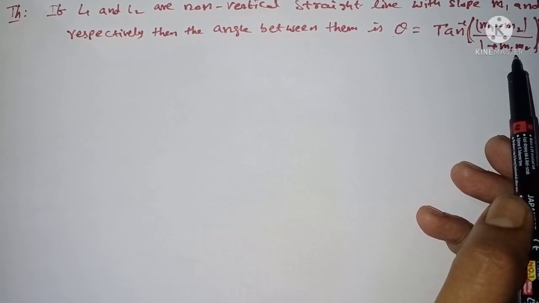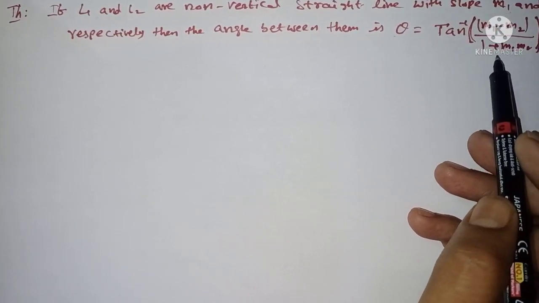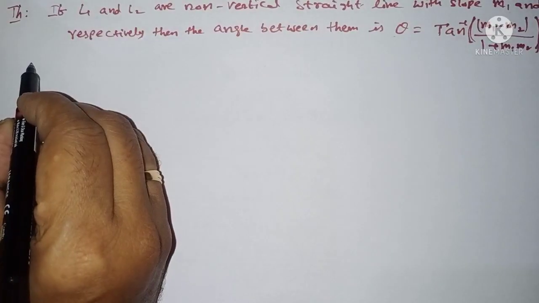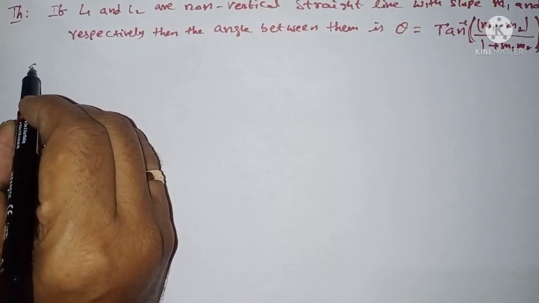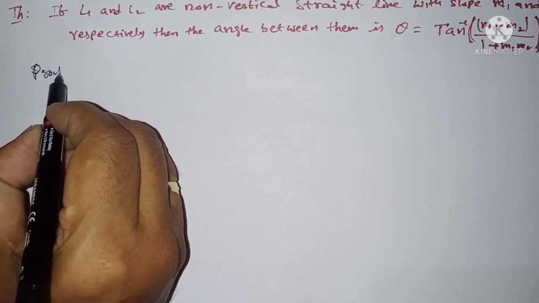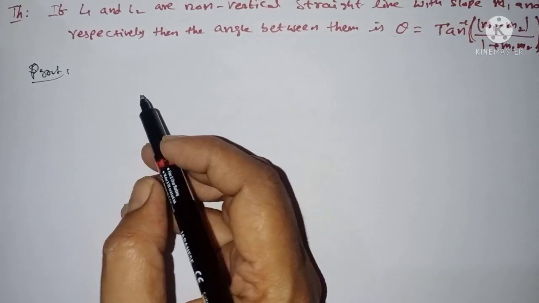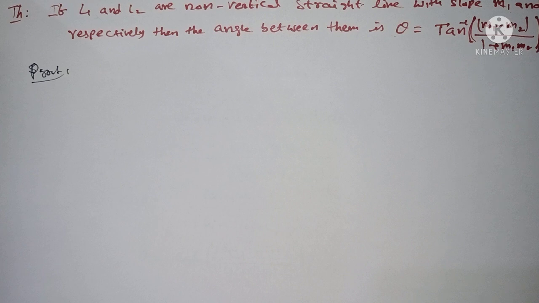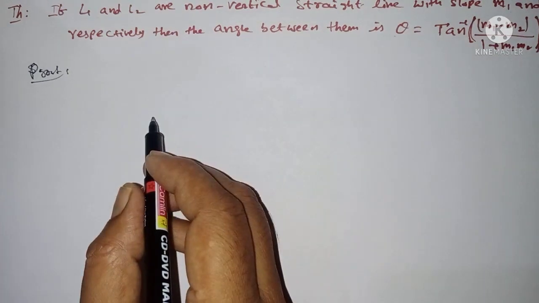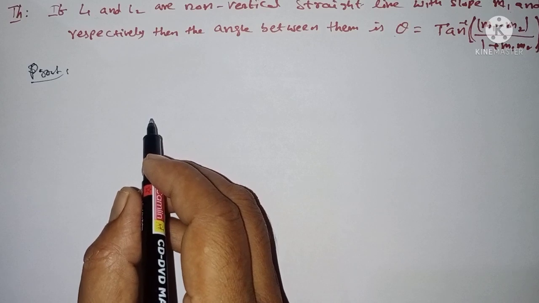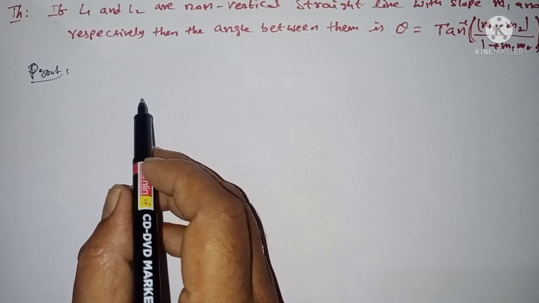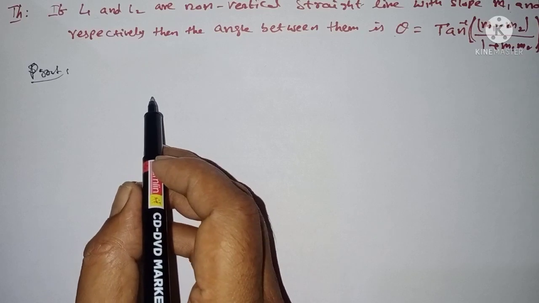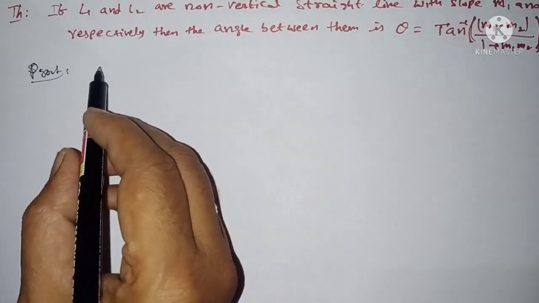Previously you saw the angle theta between the lines given as cos inverse, and that is complete. If the slope is given, then how can you find theta in tan inverse? You have the two formulas. Let us see how to prove this.